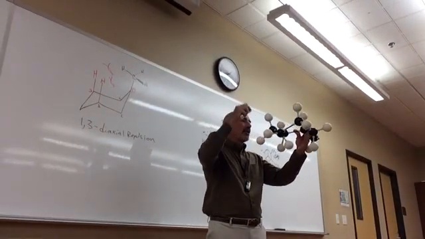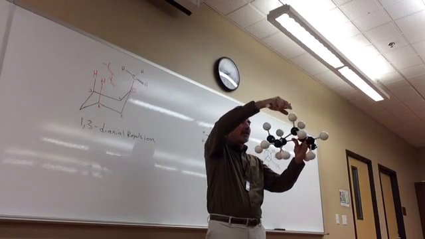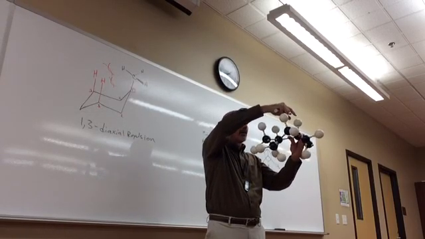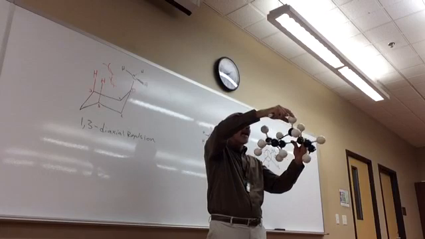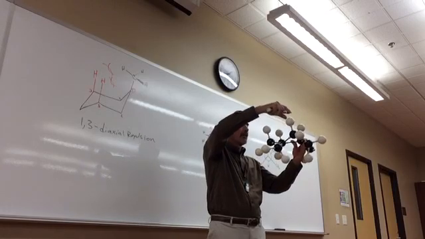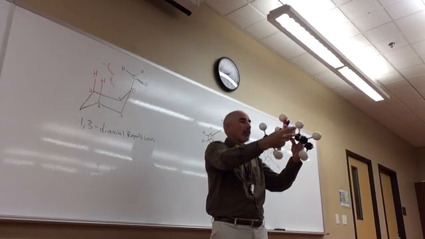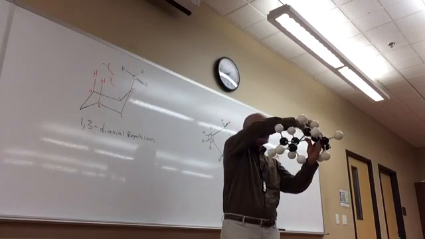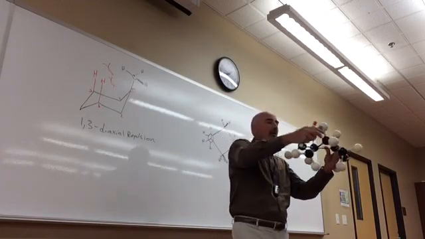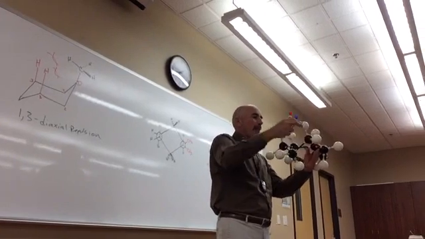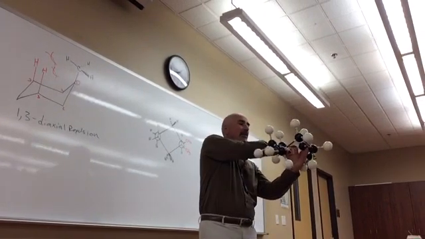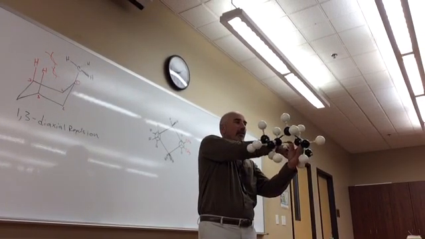So, okay, here you would say that this hydrogen and that hydrogen are both axial, right? And this one's equatorial. Looking at this one and this one, those are trans from each other.